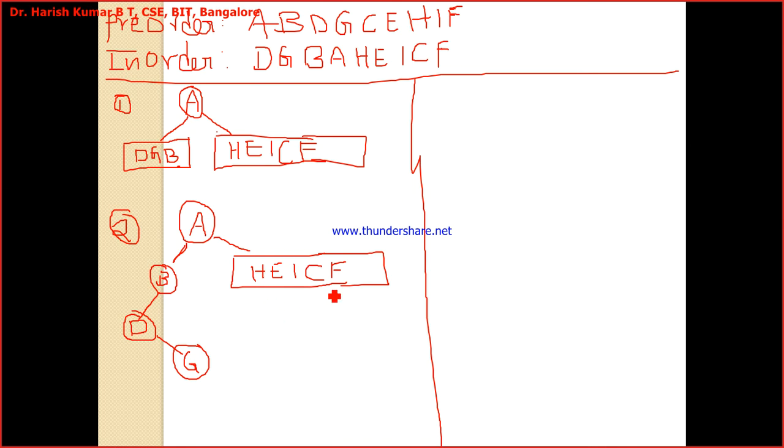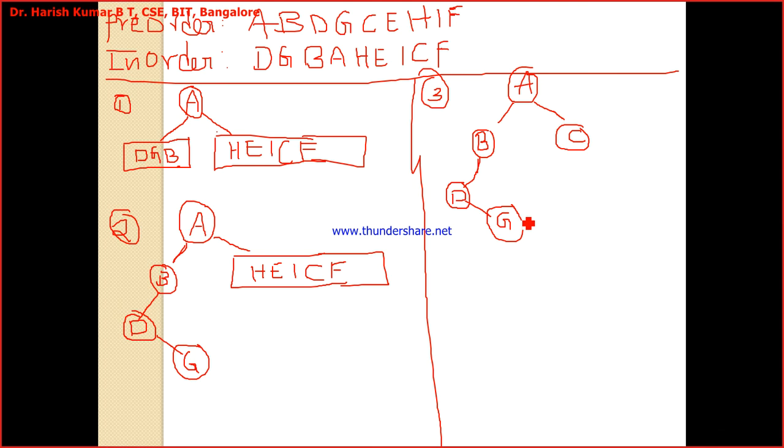Next, do this. Find out the root among these. C is the root. Okay, step 3. A, B, this is C, and this is D, this is G. Okay.